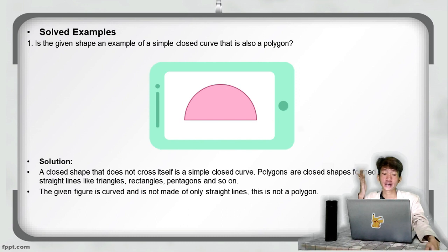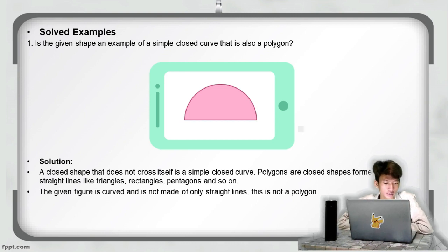Then solved examples. The first example: is the given shape an example of a simple closed curve that is also a polygon? See the picture on screen. That is a simple closed curve.